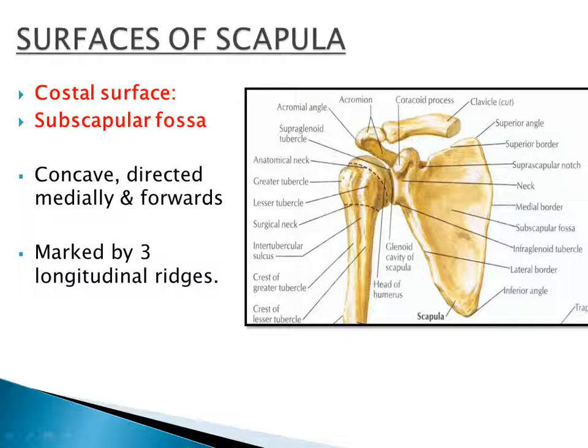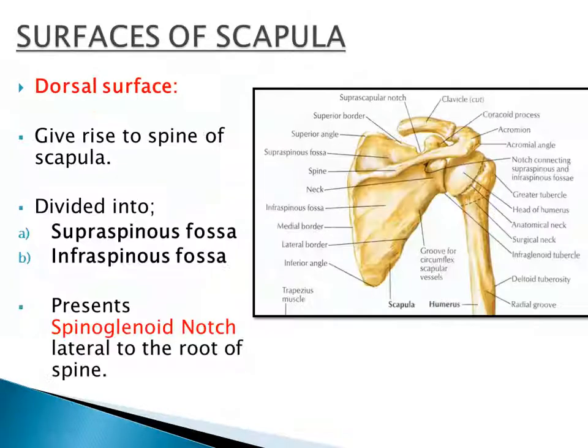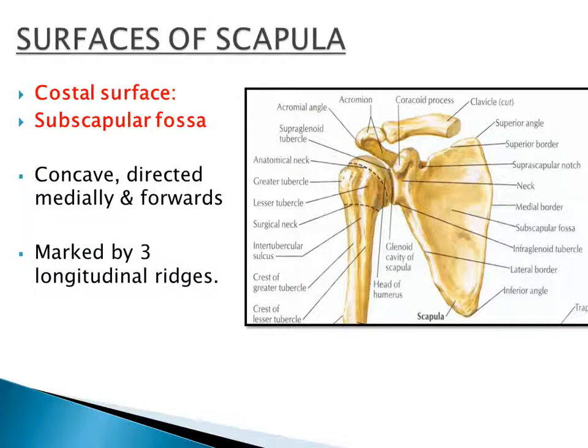On this surface, a muscle is attached which is called subscapularis, so its name is also given as subscapular fossa.